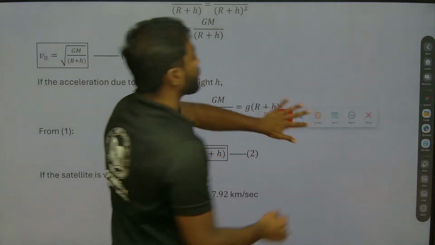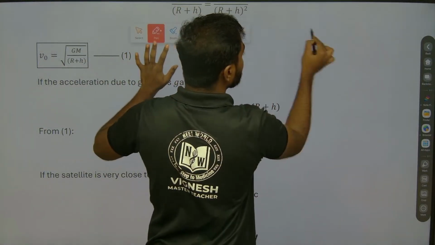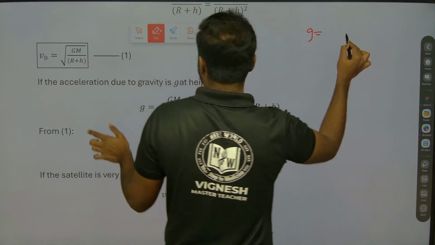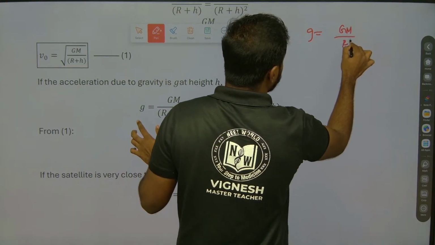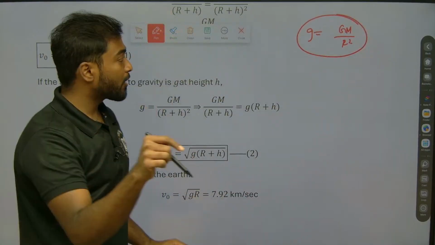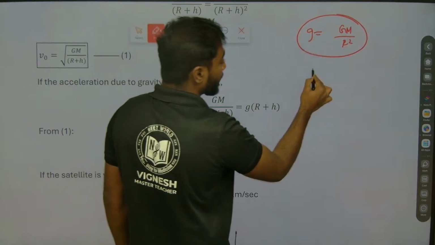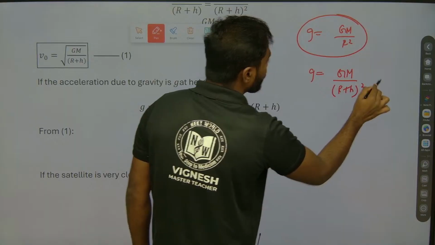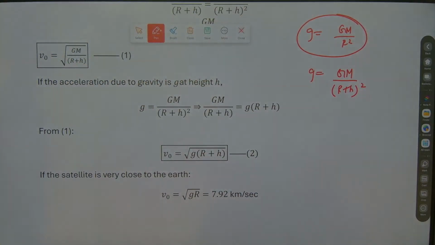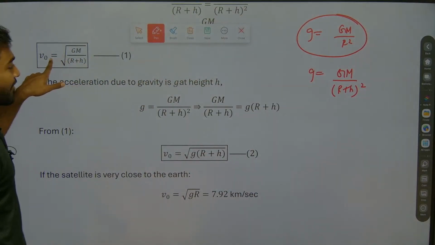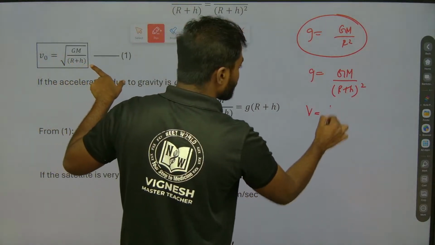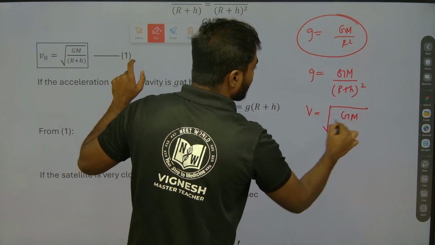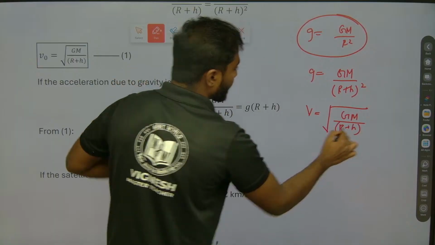Yes, so we know that g is equal to GM by r square. This one we got in the second equation. Similarly, g will be equal to GM by (r plus h) the whole square, right? So can I take this equation here? v is equal to root over GM by (r plus h).